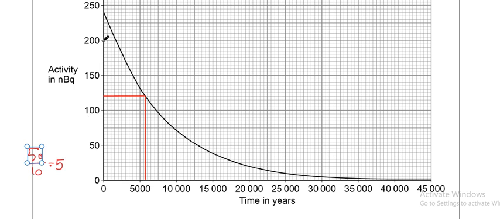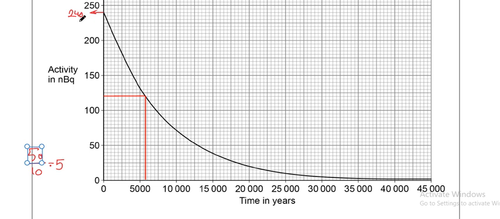After 200 by 1, 2, and here is 3, there are 8 small squares, and 8 times 5 would be 40, so this point here is 240.